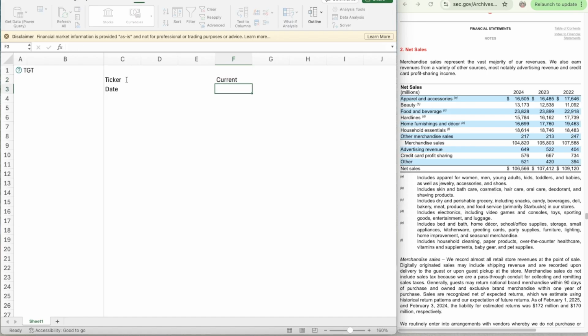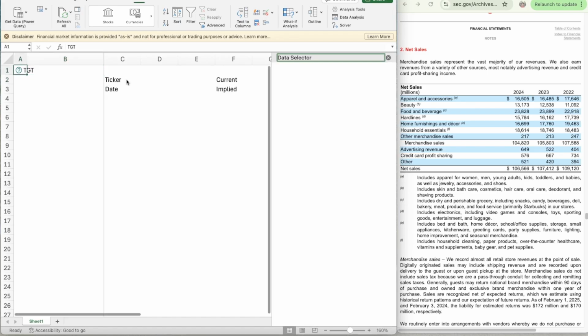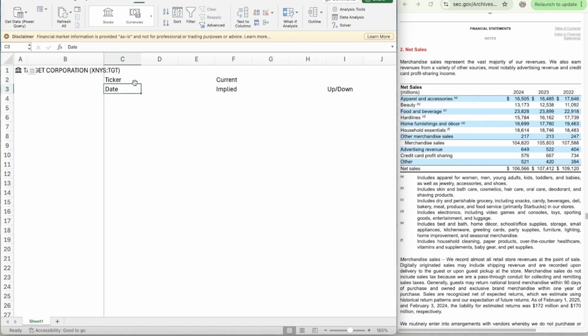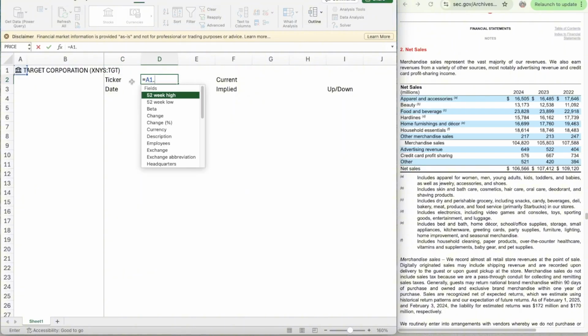We want the current, implied, then up, down. Select. There we go. Equals A1 dot, what do we want? Ticker.